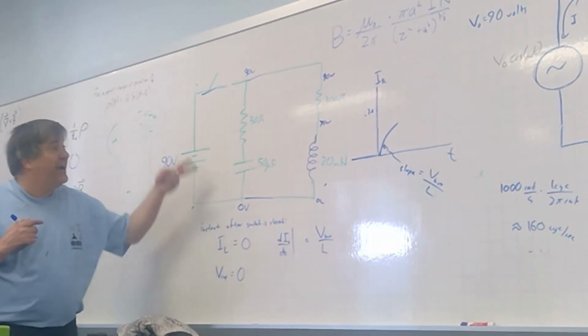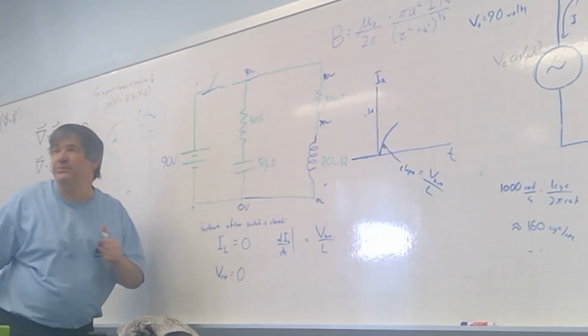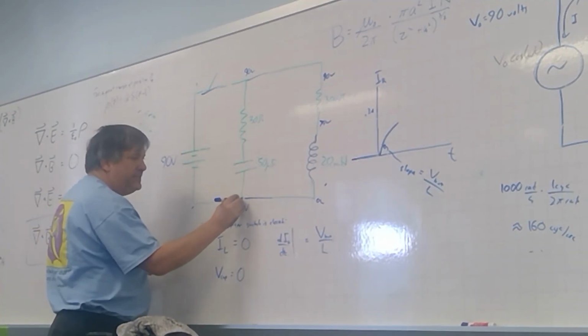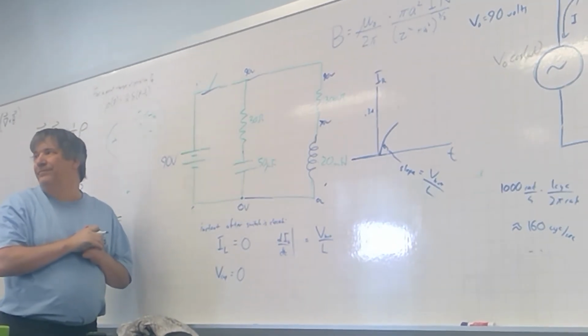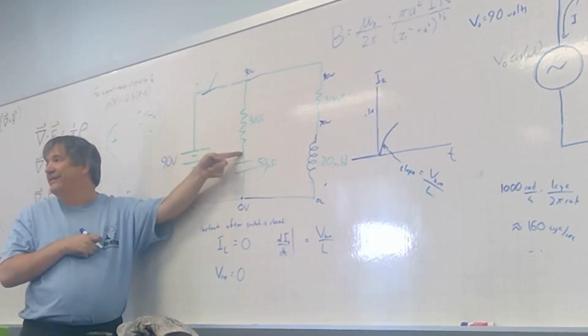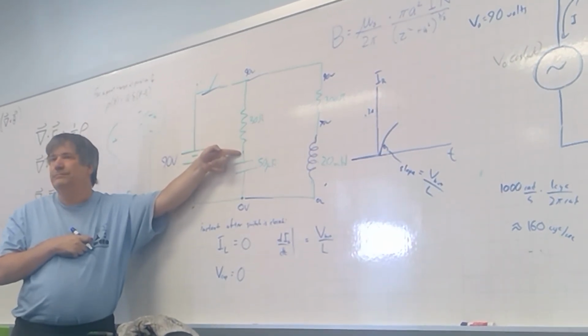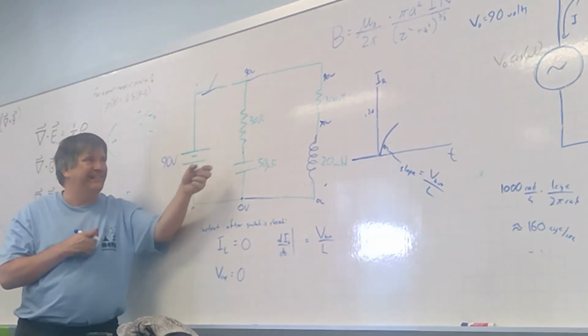The voltage across the capacitor is 0, which means how much current is flowing down this branch? This node's at 0 volts. What's the voltage at this node? Also 0 volts, because there's no voltage drop across the capacitor.